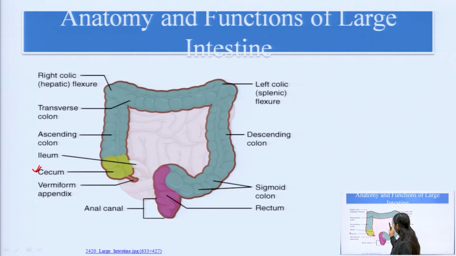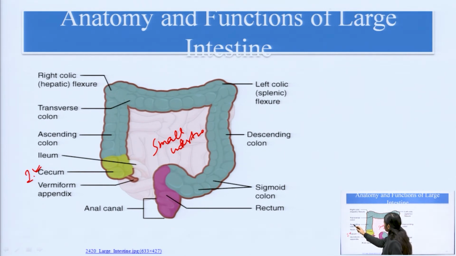The inner portion you can see here is the small intestine. The very first part here is the cecum. Then the second part, you can see the colon here.